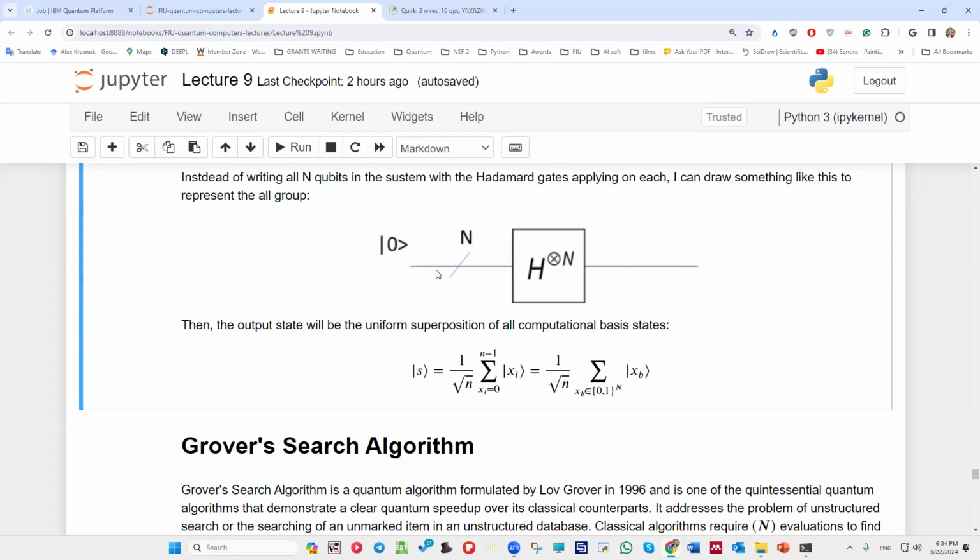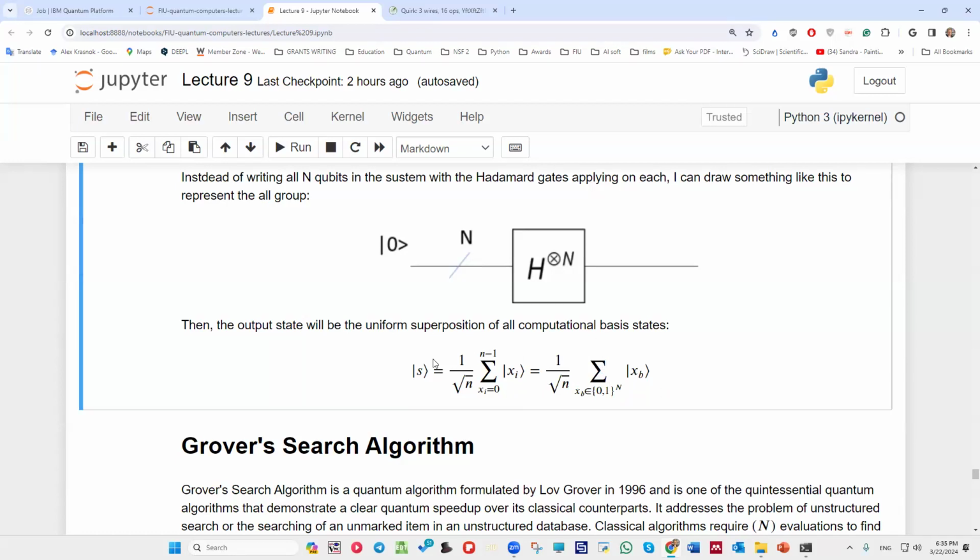And as a result of this circuit, we get this state S, which is a perfect superposition of all basis states written in the integer form and binary form.